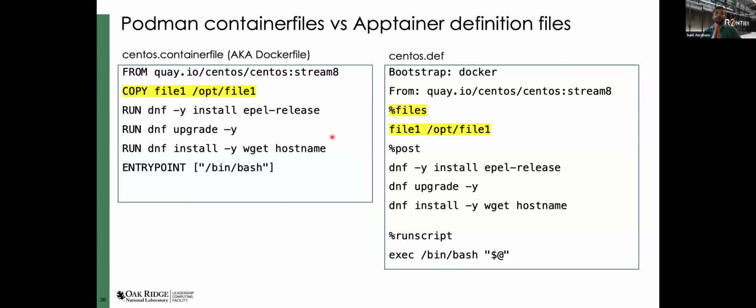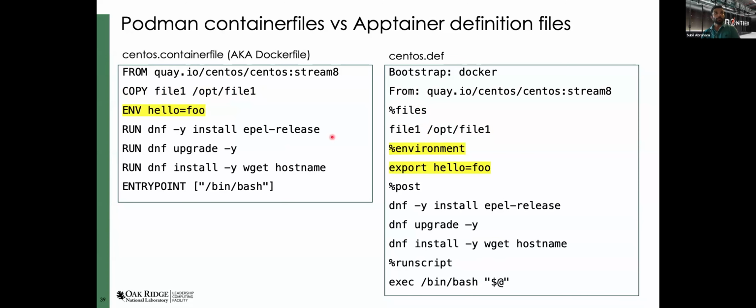Thank you. So other actions that you can do as part of building your container image are that you can copy files from your host system into the container. That's what the copy command and the files section does.